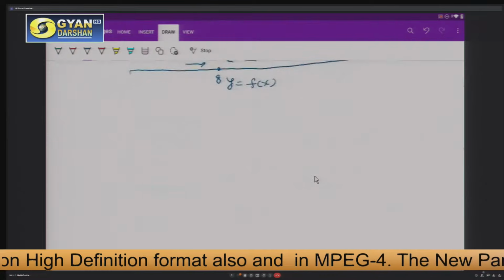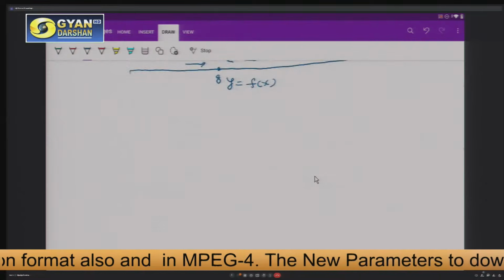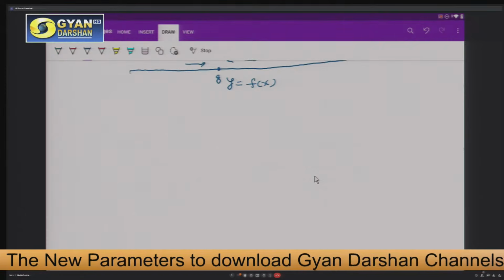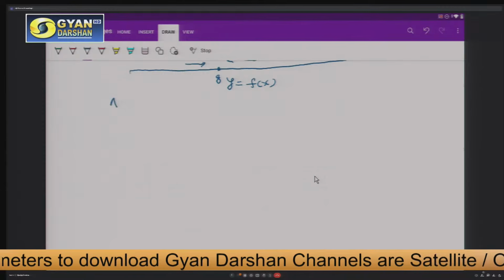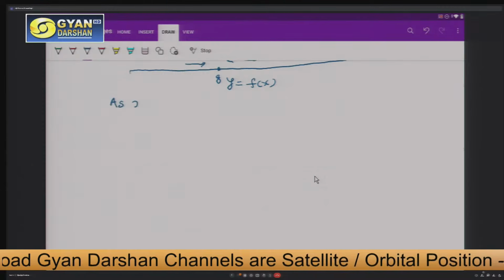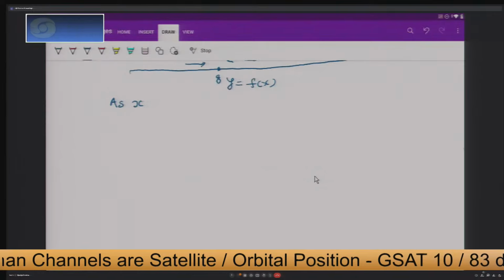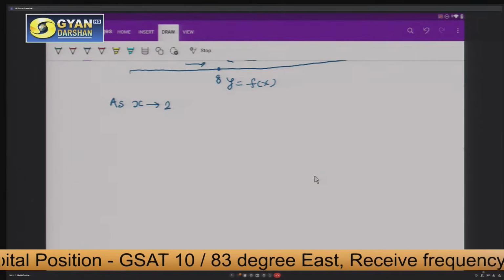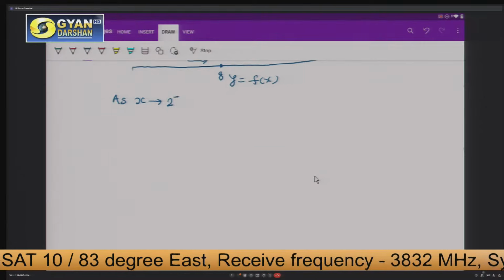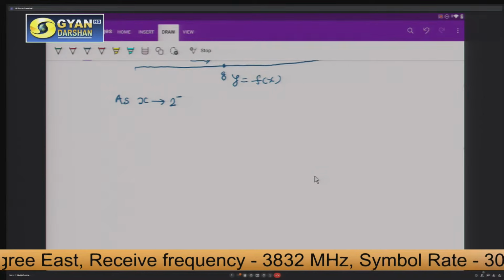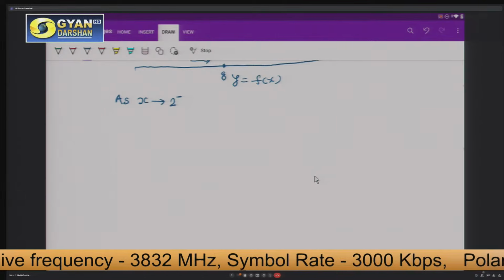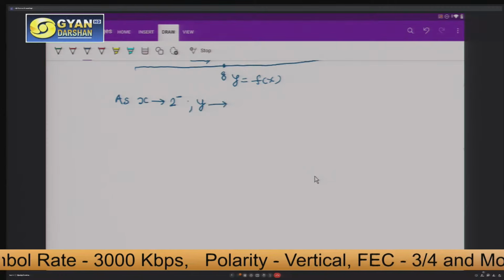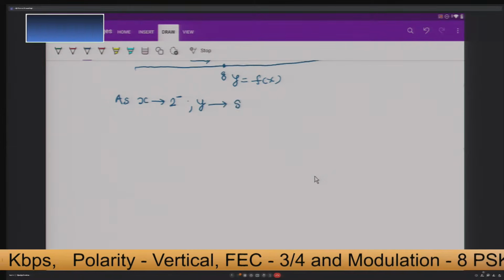So we write it like this: as x approaches or tends to 2 from the left side, y approaches 8.